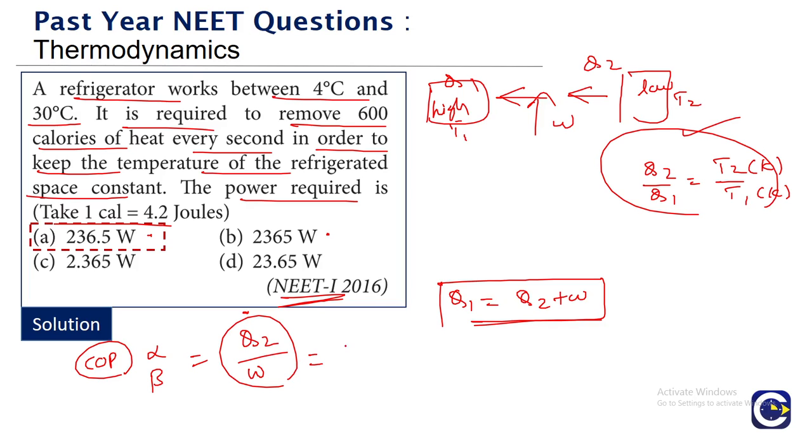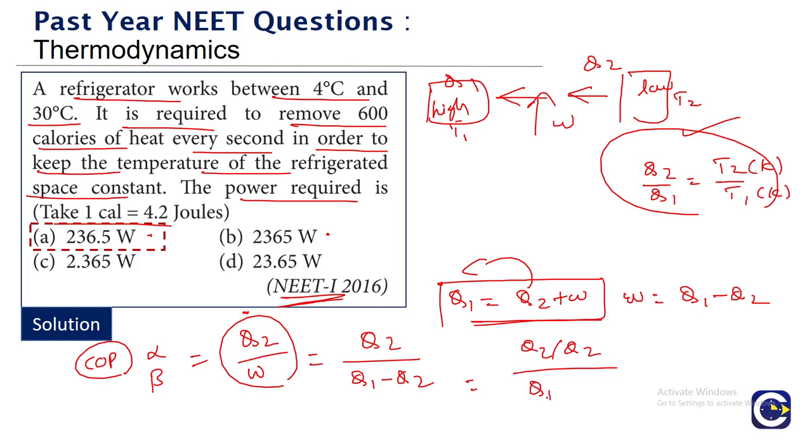So look at it, coefficient of performance, right, Q2 divided by W. W can be written as what? Q1 minus Q2. Now if you divide both the numerator and denominator with say Q2, what we'll have is numerator will be what? Q2 by Q2. Here it is what?